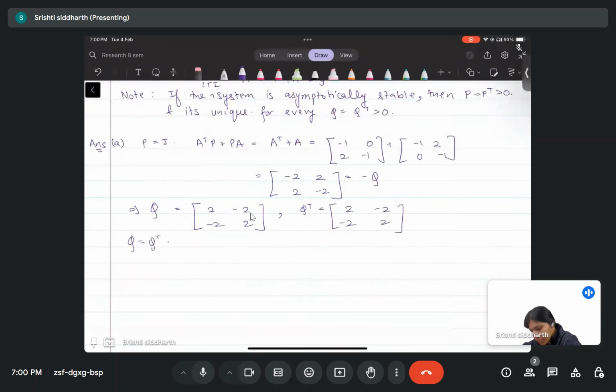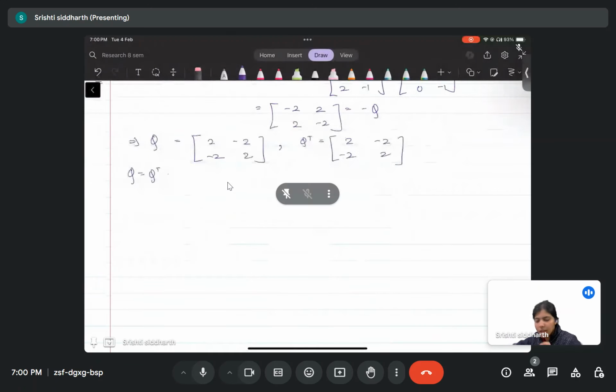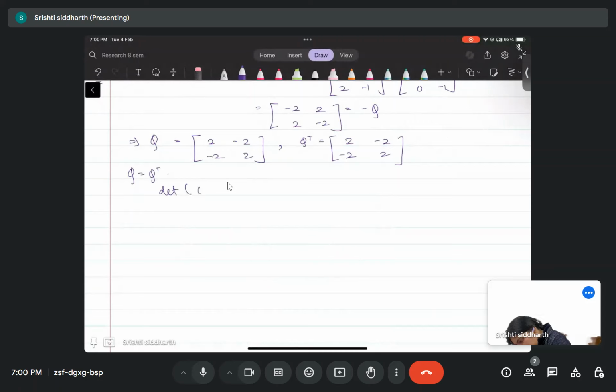Now let's see if Q is positive definite. To see that, we have to compute the eigenvalues of the matrix Q. So we have determinant of Q minus lambda I equals 0.